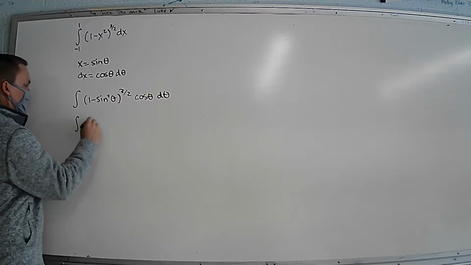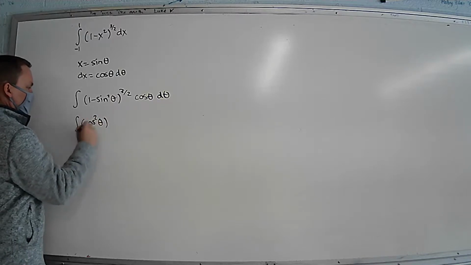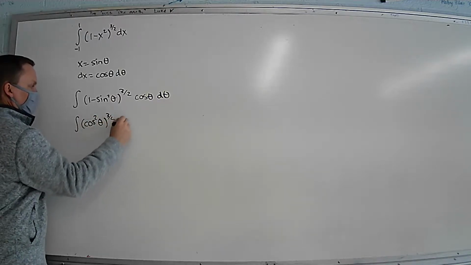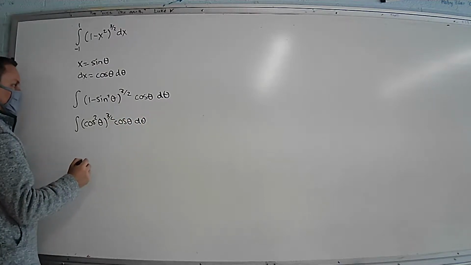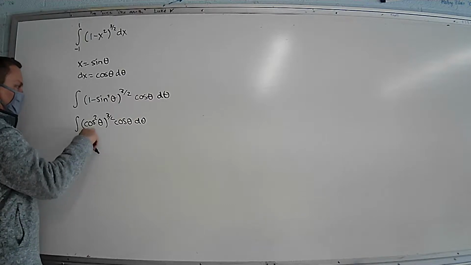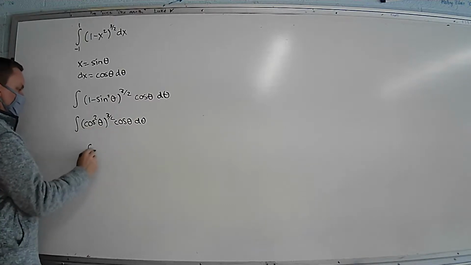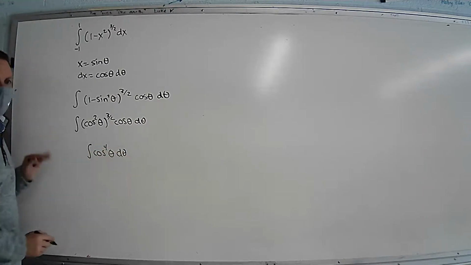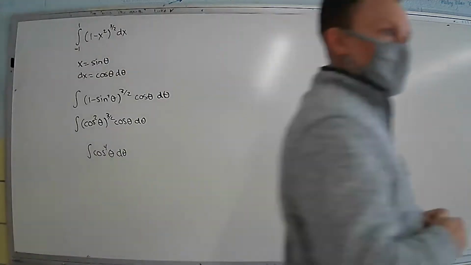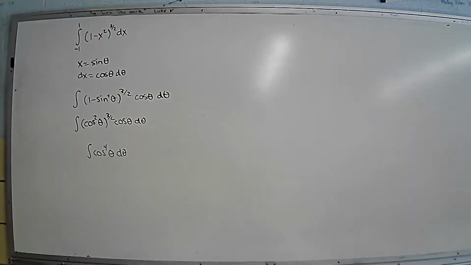So now I have cosine squared theta to the 3/2 times cosine. And when you do this, you get cosine cubed times cosine, or cosine to the 4th. And there it is. That's the one that stumped me. It's kind of embarrassing now because it's so obvious in my head.